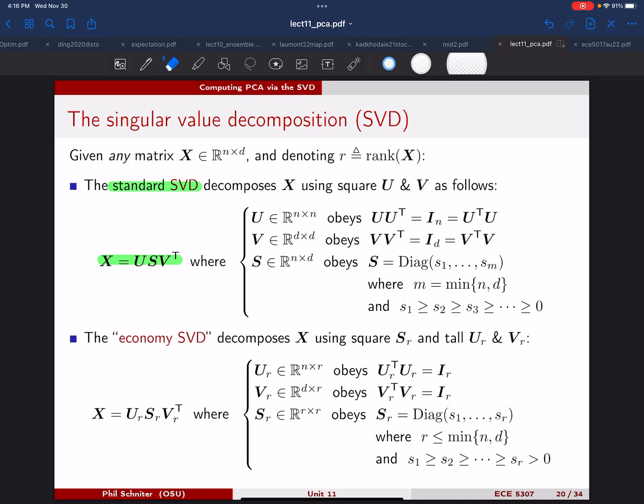Okay, so the standard SVD, we have square matrices, U and V, more than square, they're orthogonal. And then X and S have the same dimensions.